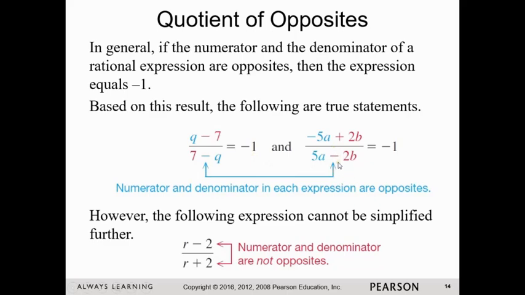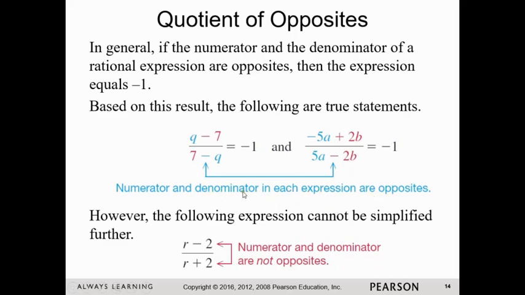It's the same deal here. If in the numerator I were to factor out a negative 1, I would have negative 1 times 5a minus 2b in the numerator, and then I have 5a minus 2b in the denominator. The 5a minus 2b would cancel out, and I would end up with negative 1. So what we have here are opposites.